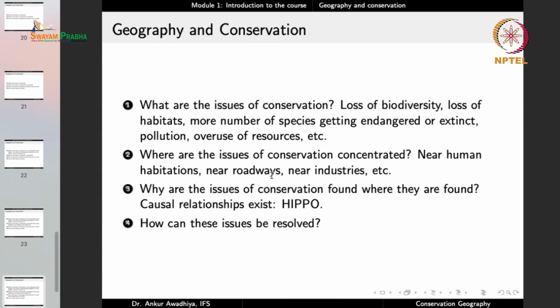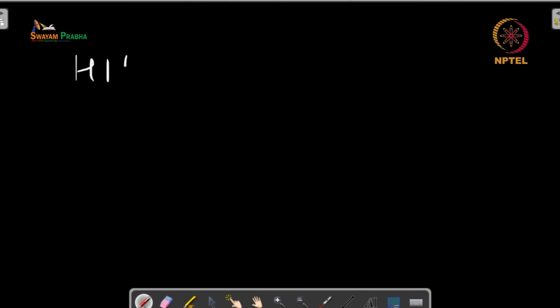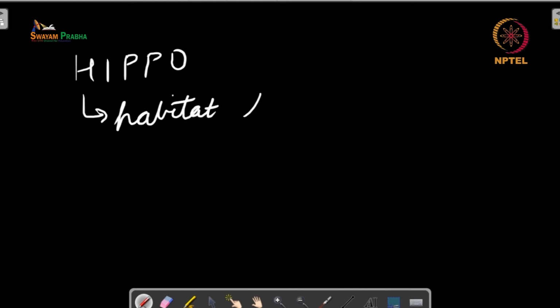Then the next question is, why are the issues of conservation found where they are found? Now in this case, we can look at the causal relationships, such as the HIPPO factors. Now HIPPO stands for habitat loss. I stands for invasive species.